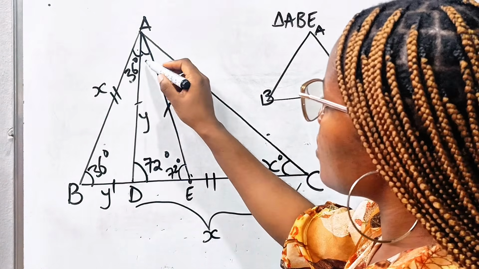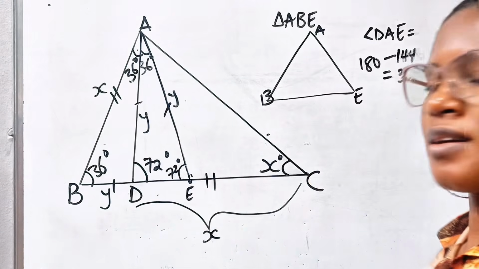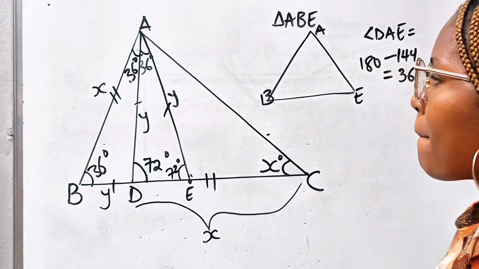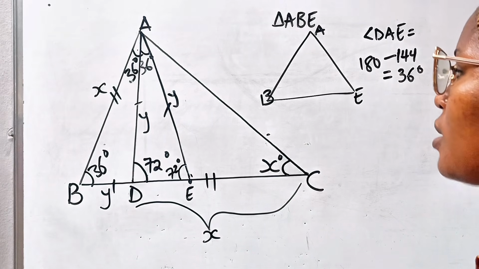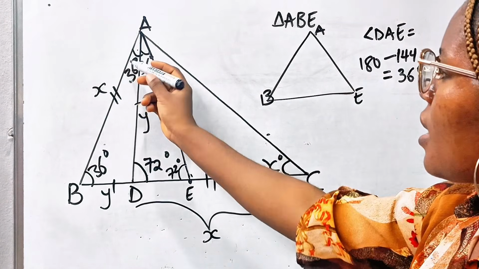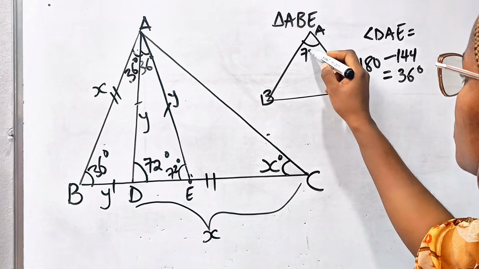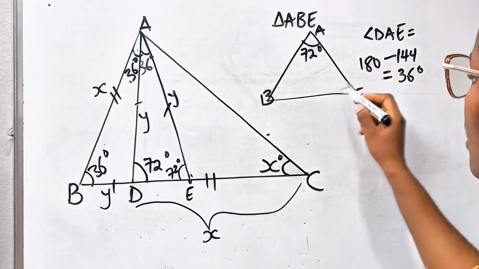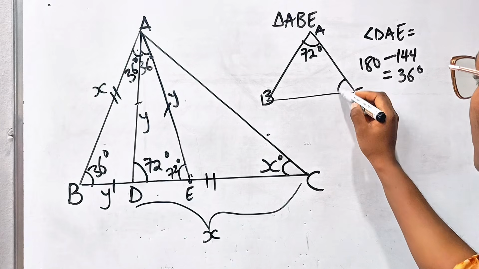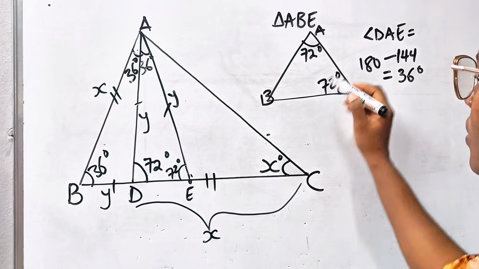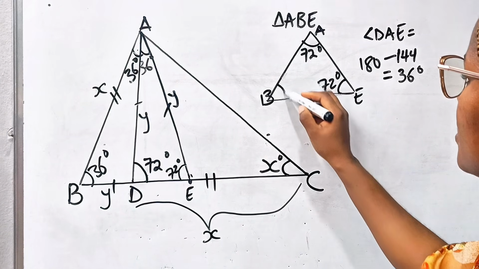So it means that here is also 36 degrees. Now it simply means that the whole of this A now is 36 plus 36, so here is 72 degrees. Then E is 72 degrees as well, and B is 36 degrees.